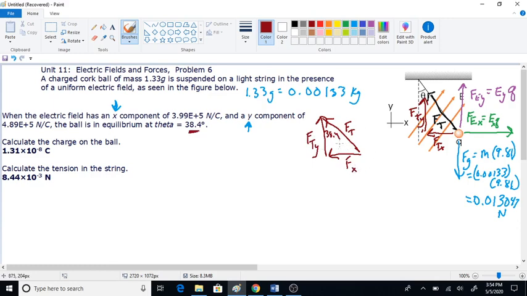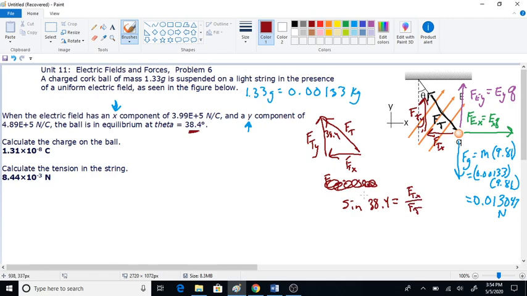And so what we can do is write, that's FT. FTX is the sine, opposite over hypotenuse. Let me do this a different way. The sine of 38.4 is equal to FTX over FT.